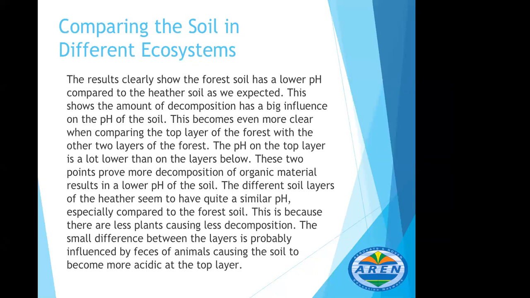These two points prove that more decomposition of organic material results in a lower pH of the soil. The different soil layers of the heather seem to have quite a similar pH, especially compared to the forest soil. This is because there are fewer plants causing less decomposition. The small difference between the layers is probably influenced by feces of animals, causing the soil to become more acidic at the top layer.